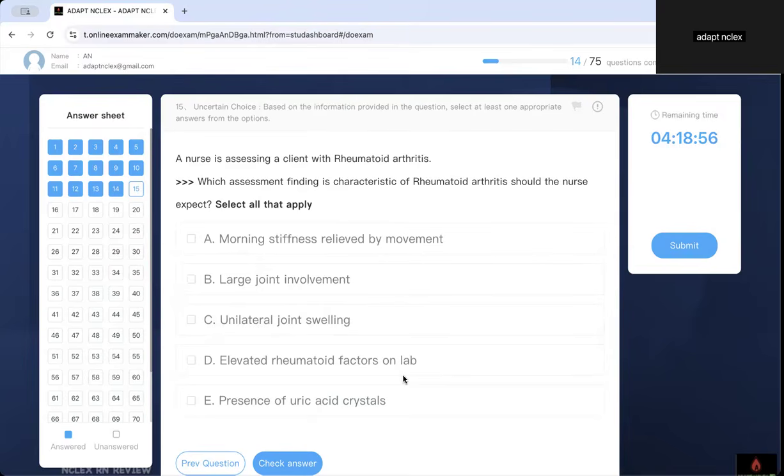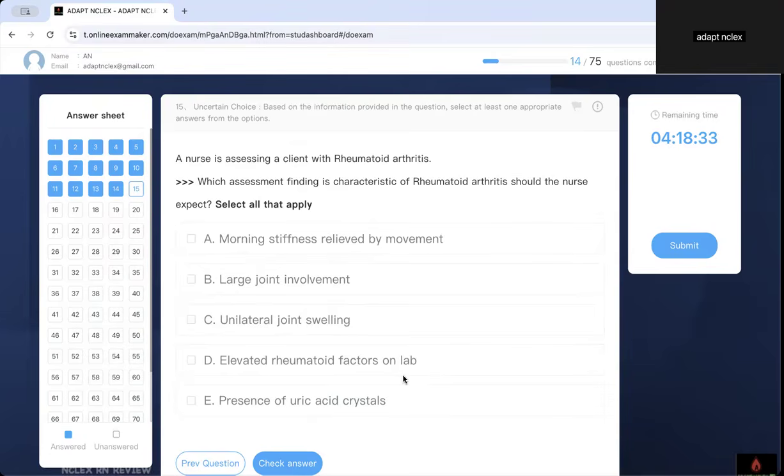And that's what the NCLEX will ask you. This one slide is all you need when it comes to the difference between them. Morning stiffness relieved by movement, large joint involvement, unilateral joint swelling, elevated rheumatoid factors on lab, presence of uric acid crystals. What do you think?